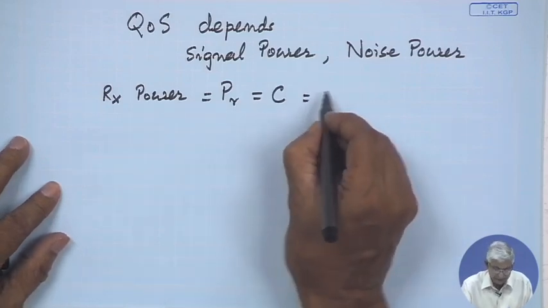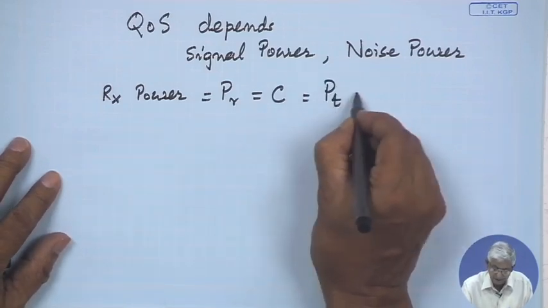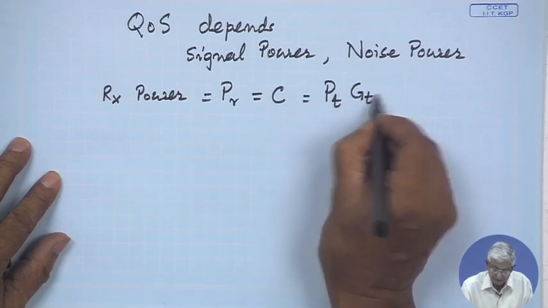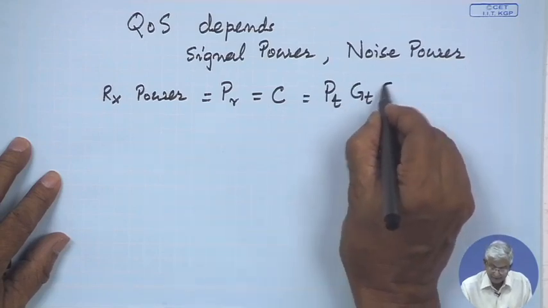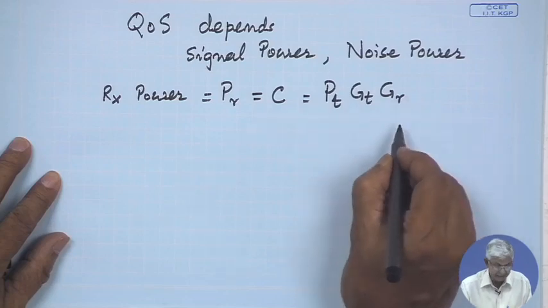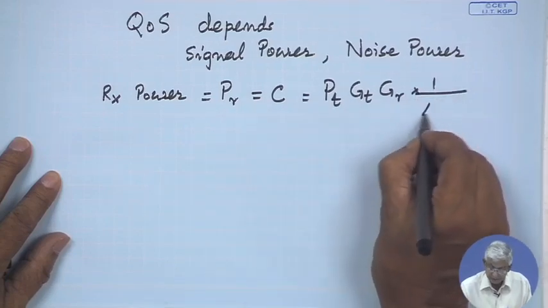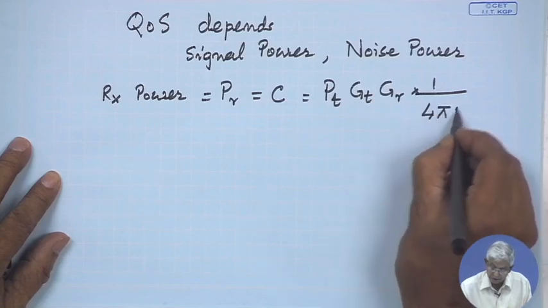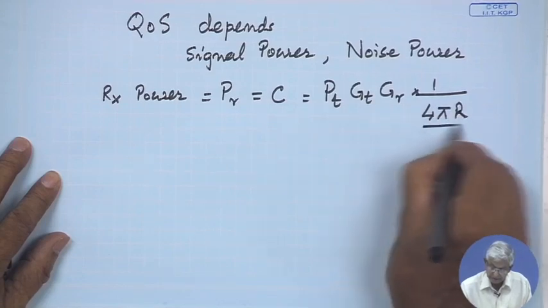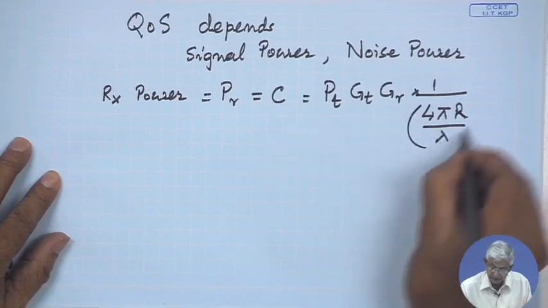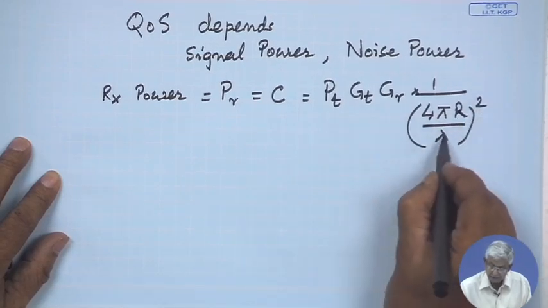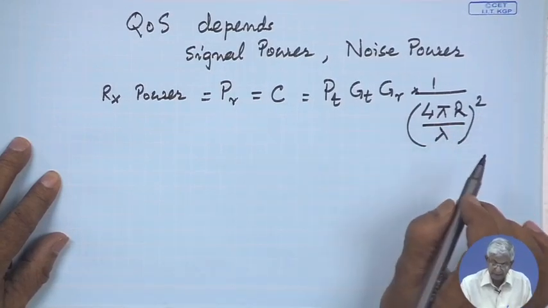and that we have seen, it is the transmit power multiplied by transmit antenna gain multiplied by the receive antenna gain multiplied by a term which we called path loss, because it depends on the distance between the transmitter and receiver and depends on the frequency of operation, that is lambda.